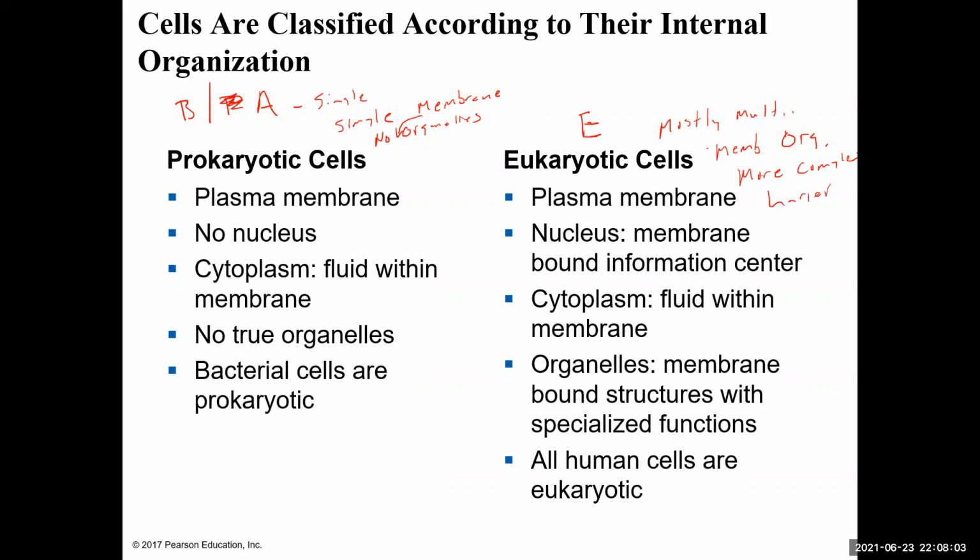And whenever we look at some of the general characteristics between prokaryotic and eukaryotic cells, if we get more specific than these generalities, we see that both cells have a plasma membrane.